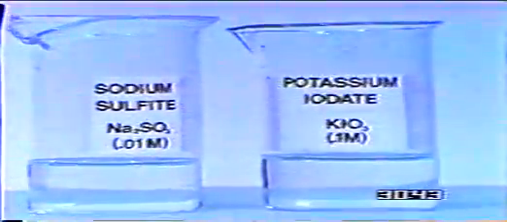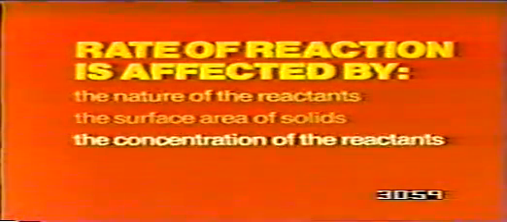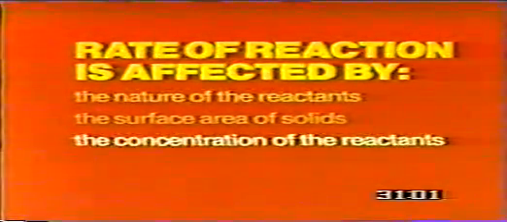Now, using a solution of potassium iodate that's 10 times as concentrated, we allow them to react again. Now the solution turns blue in only 20 seconds rather than 35. Illustrating this point, rate of reaction is also affected by the concentration of the reactants.